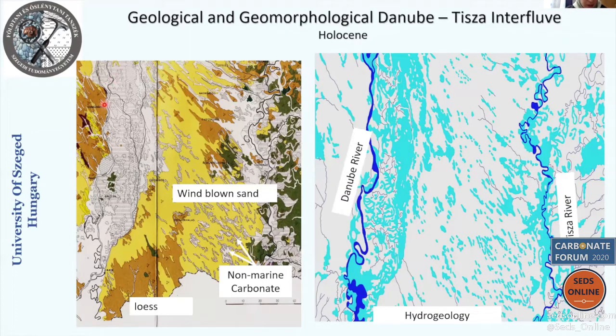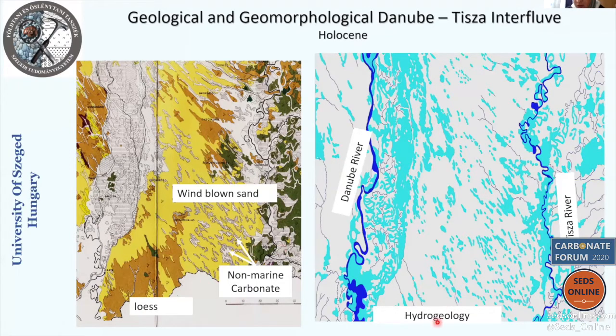We can see the Danube meandering in the west part and the Tisza meandering in the east part. The interfluve is covered by wind-blown sand and loess, and non-marine carbonate in some spots.